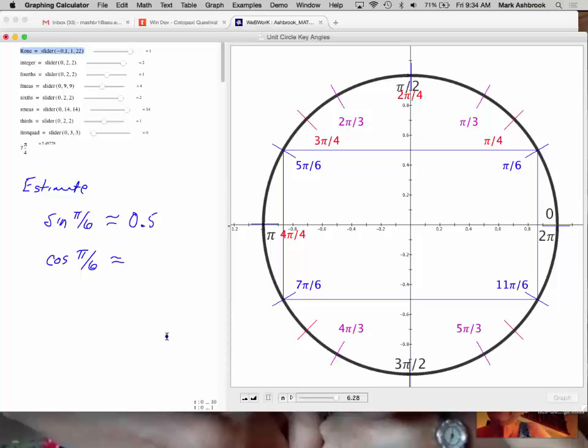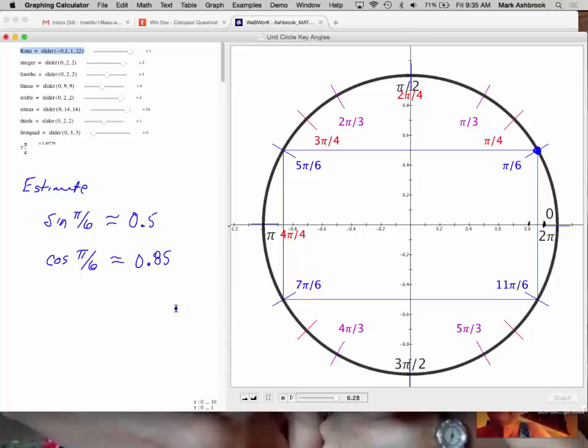It's the horizontal distance to the right of the vertical diameter for this point after we sweep the angle. Yeah, so maybe 0.9 or 0.8. Actually, looking here at the scale, this is 0.8, this is 0.9. So 0.8, 0.85. Okay? So we want to find these exactly, just like we did for pi over 4.